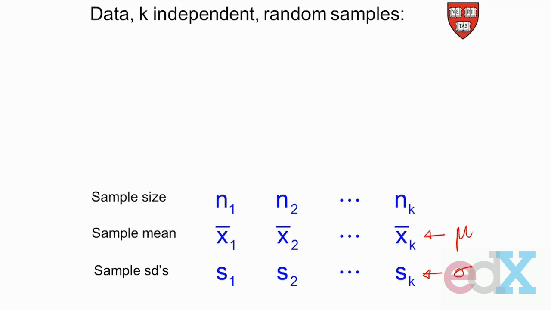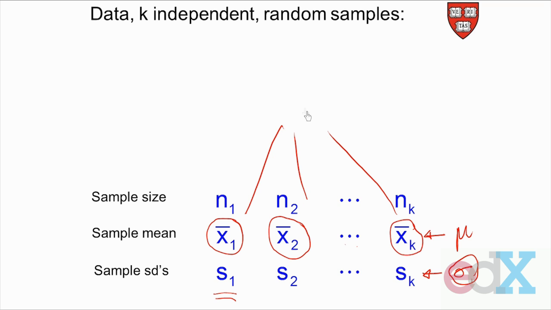So what I can think of all of this is that this is one sample from a population with standard deviation sigma. Here's another one, and dot dot dot. Here is another one. So I can think of these as k different samples, all from the same population.